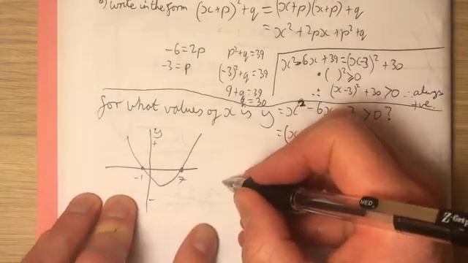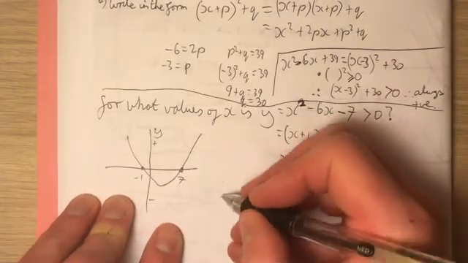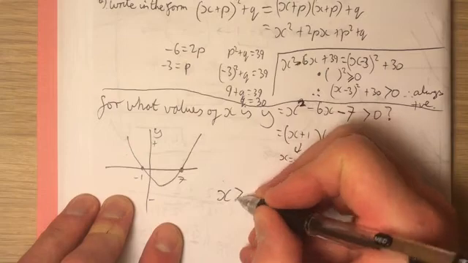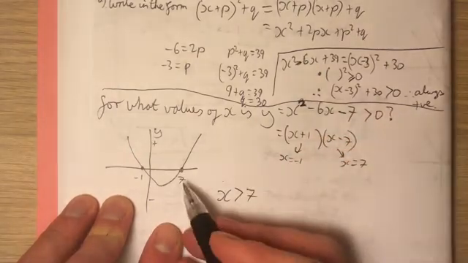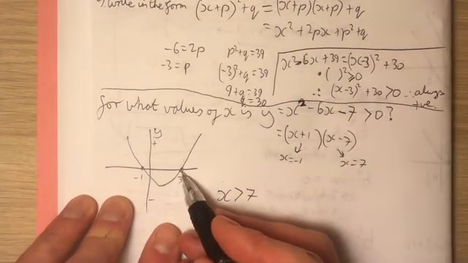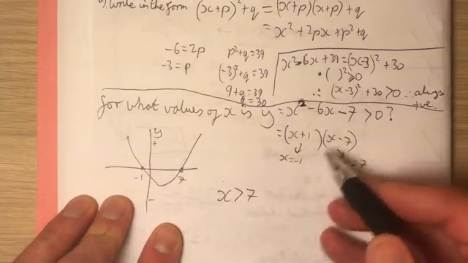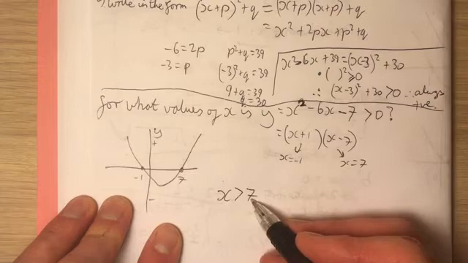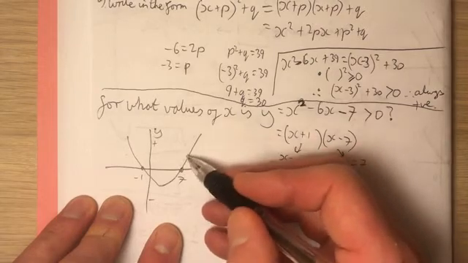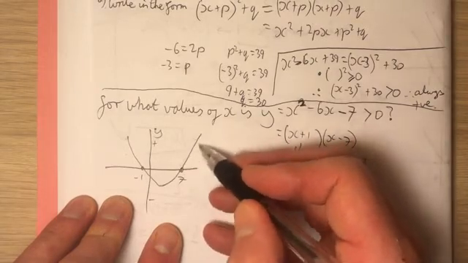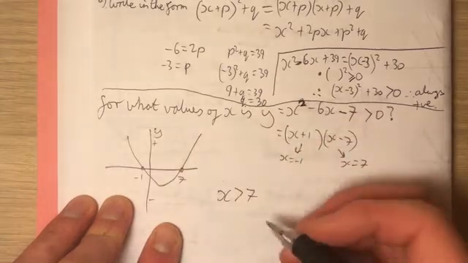So my solutions are greater than 0 when x is greater than 7, not equal to 7. At exactly 7, you plug in 7, you get the answer 0. So it's not greater than 0. It's got to be more than 7 to give me an answer in this section where it's positive, where it's up in positive y values.